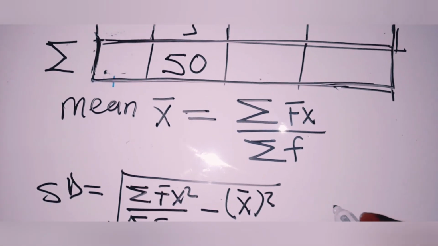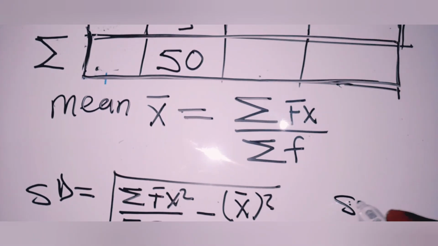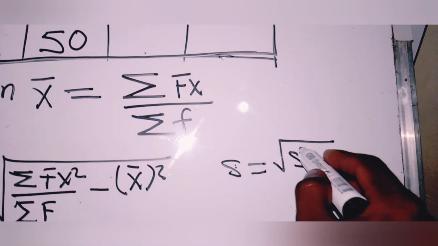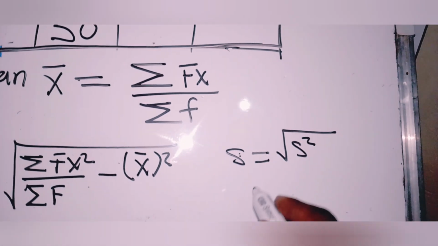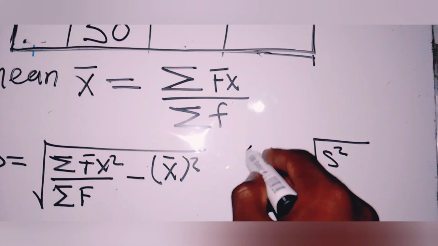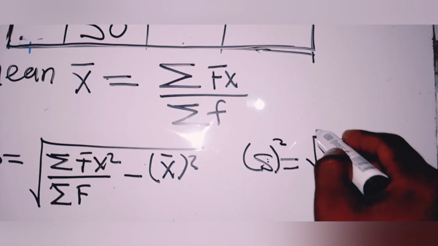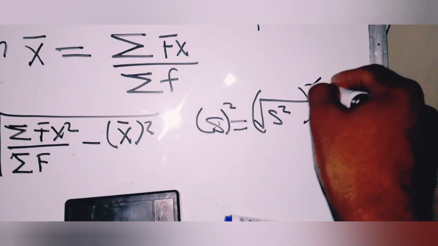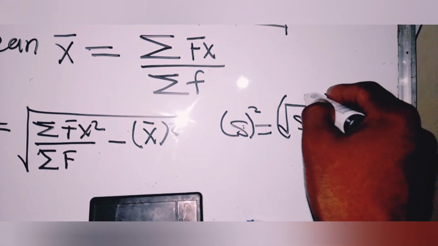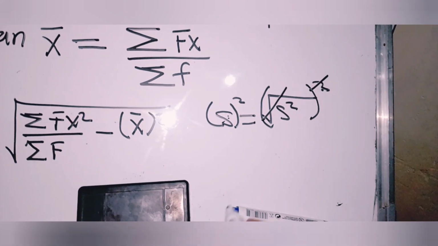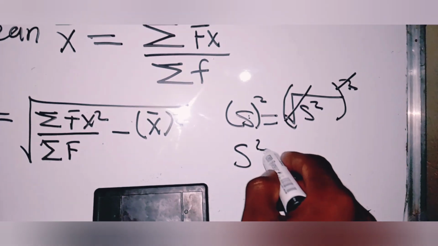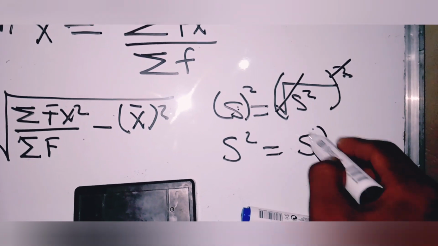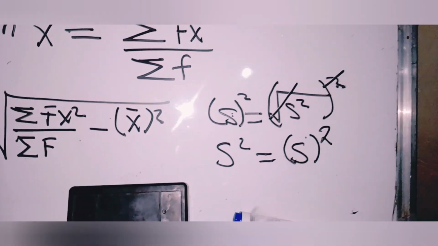Remember the variance. Now, if standard deviation is equal to the square root of the variance, then if we put the standard deviation in brackets and square it, the square will cancel with the square root. You are going to remain with s squared, which is the standard deviation to the power 2.